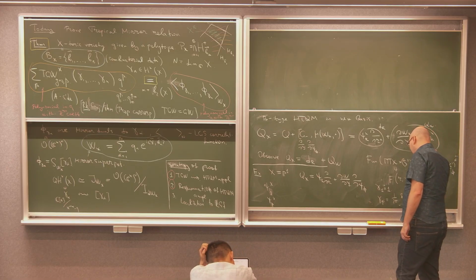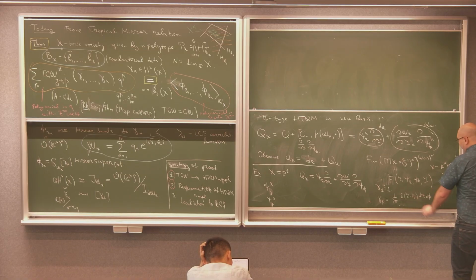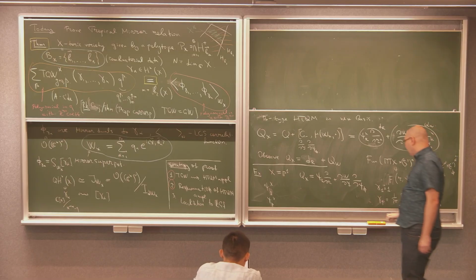So that will be delta of r minus r naught, dr dphi. And we observed that this is essentially a tropical limit of the Fubini-Study 2D form. That is a very natural observation.